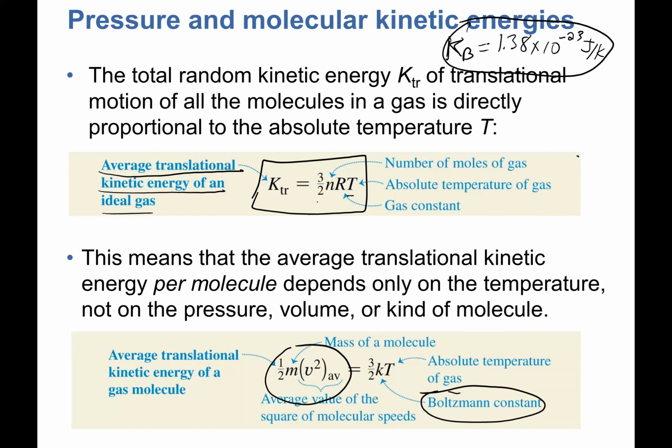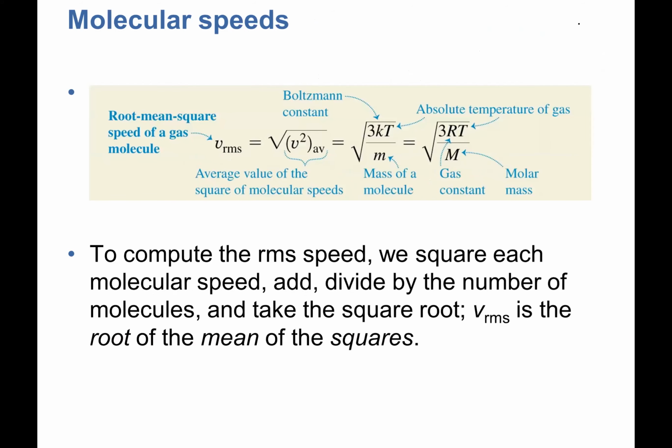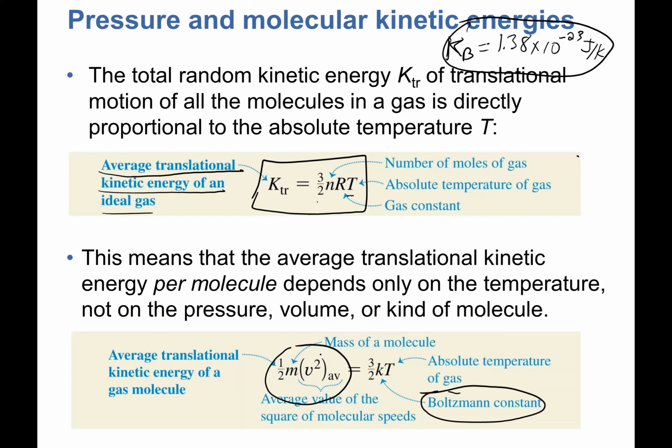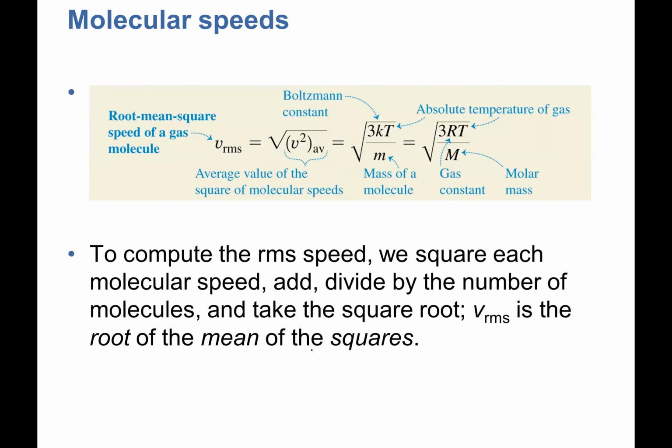Now the last thing I can have here is the average velocity squared. If I go back and rewrite that equation, 1/2 m times v squared, and remember this is the average, this was equal to 3/2 kT.